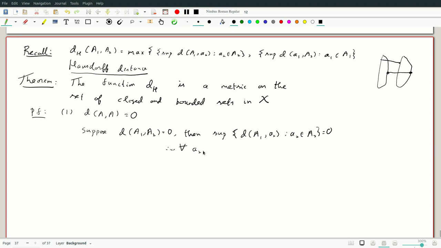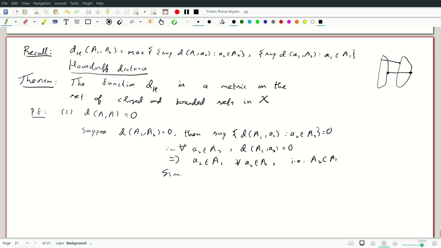So for all a2 in A2, the distance of A1 and a2 is 0. This implies that a2 is actually in A1 because this is a closed set. Now a2 was arbitrary, so this is true for all a2 in A2. In other words, A2 is contained in A1.